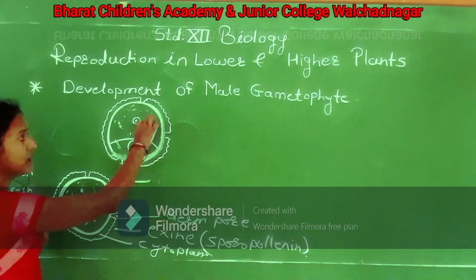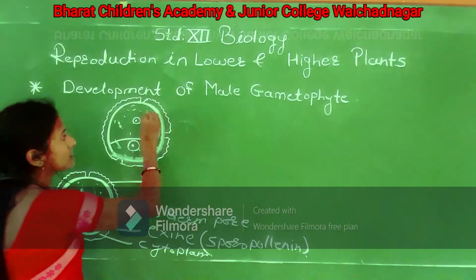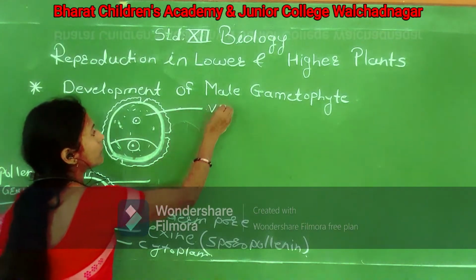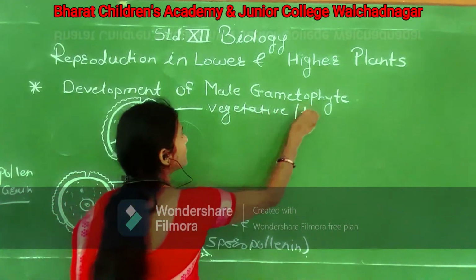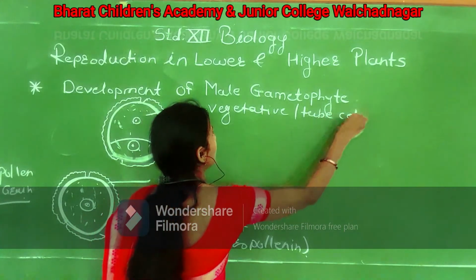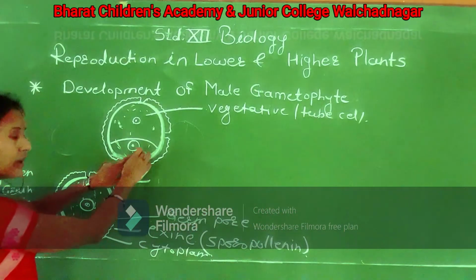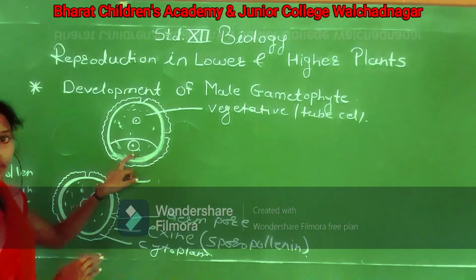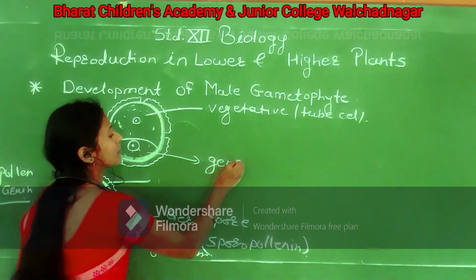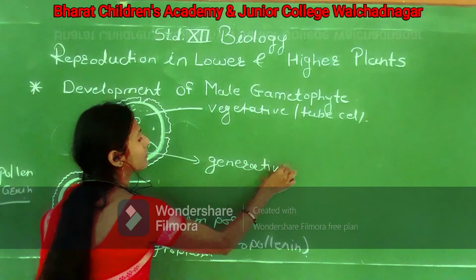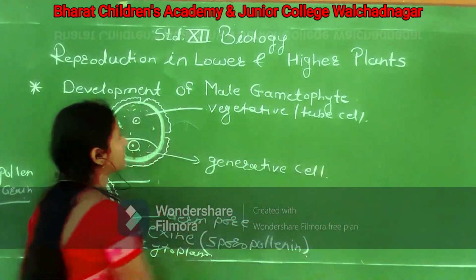The large cell, getting the large cytoplasm, is called the vegetative cell, also called the tube cell, and the cell getting less cytoplasm is called the generative cell.